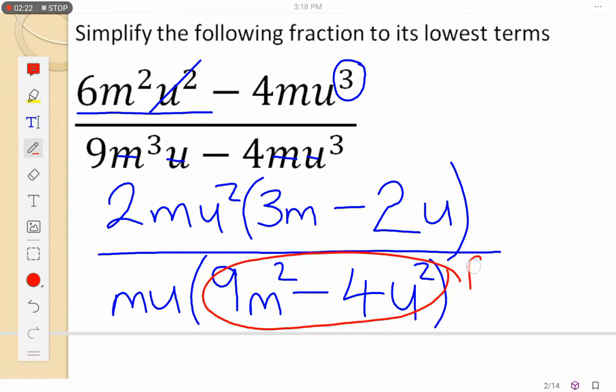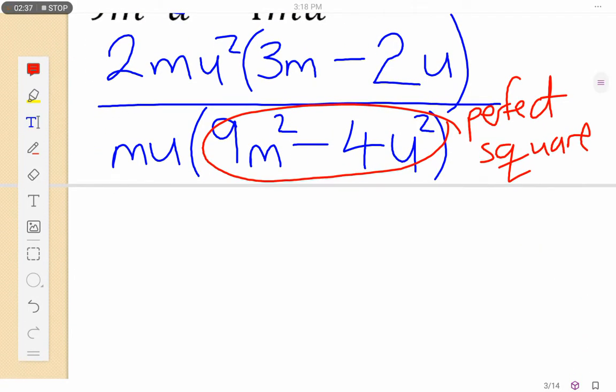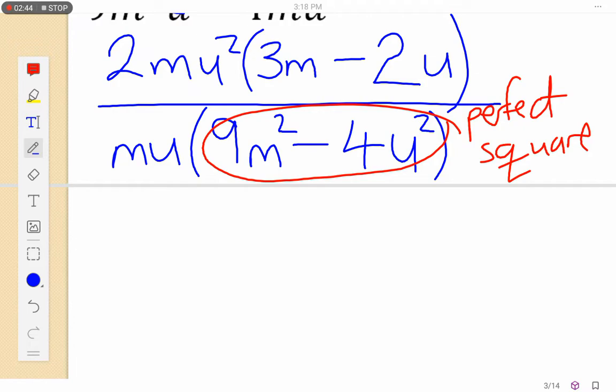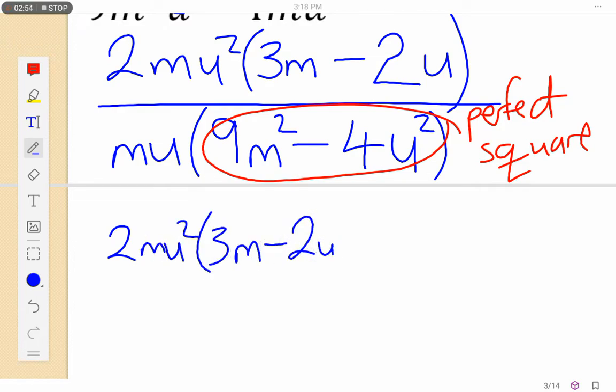On this term here, this is a perfect square. So once I have a perfect square, I'll show you what I'll have. Okay, let's simplify it. So I've got on the numerator 2mu squared by 3m minus 2u over mu.